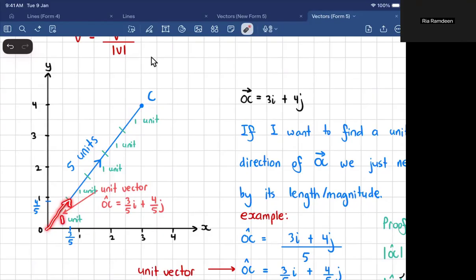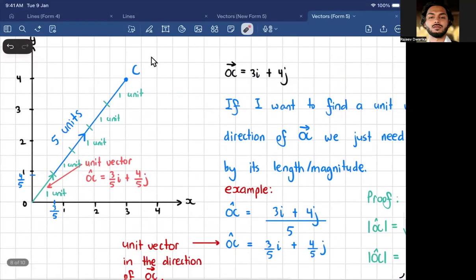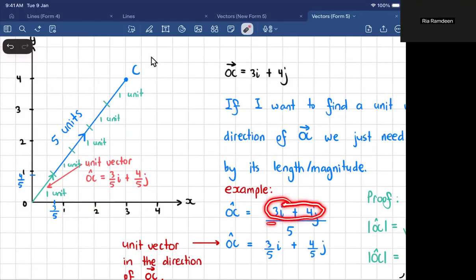And the other one has a length of? 1. Great. And do you understand that to find the unit vector, O to C top hat, it was just the big vector, which is O to C, divided by the magnitude of O to C, which is 5? You understand that? Yes, sir.